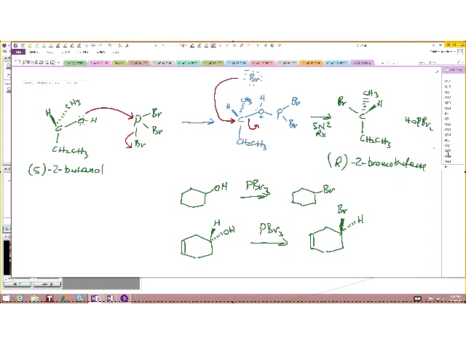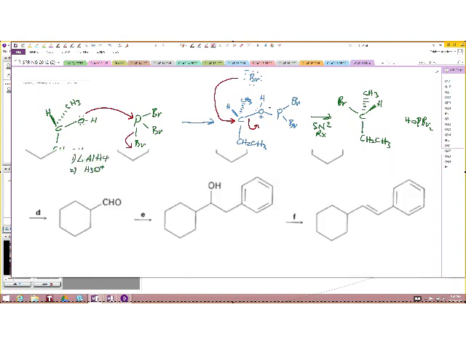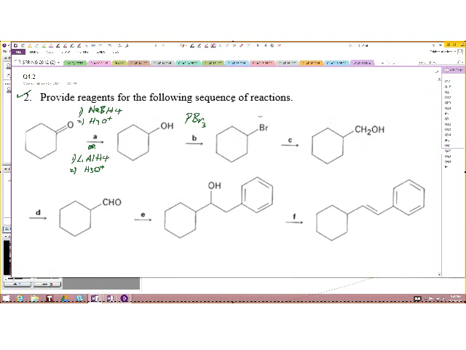Okay. Okay, so what is the product? We were already given the reagent, so this is phosphorus tribromide going from here to here. Okay, now part C, we want to go from the alkyl bromide to this primary alcohol. What reagent do we need? What is it?